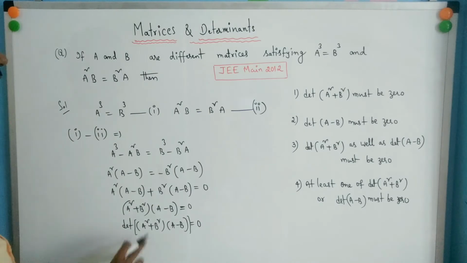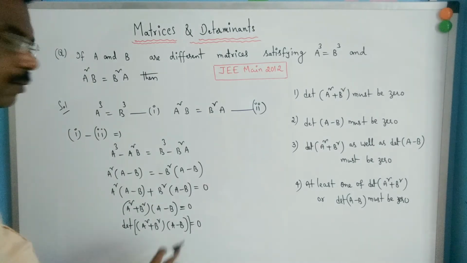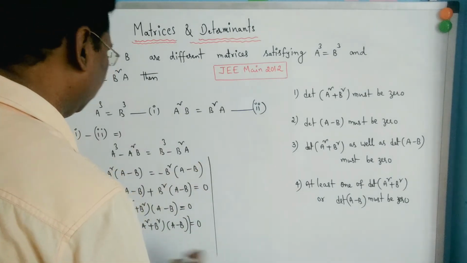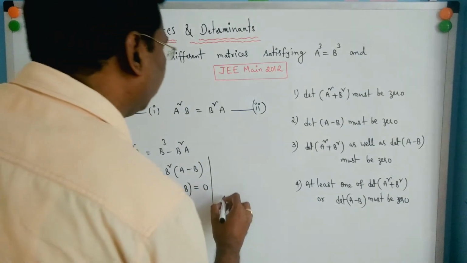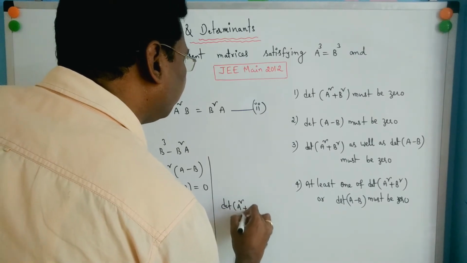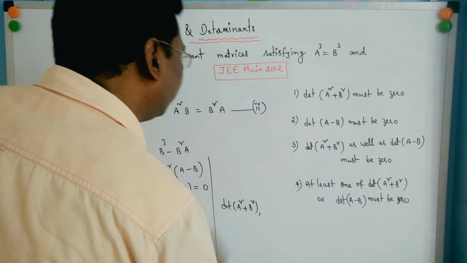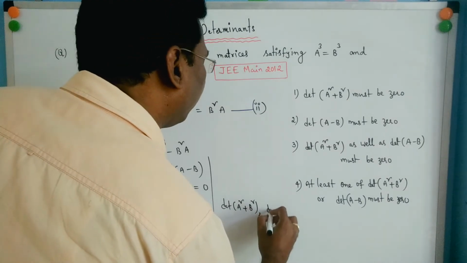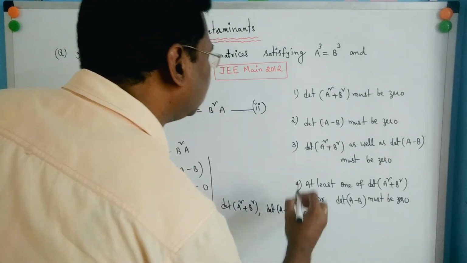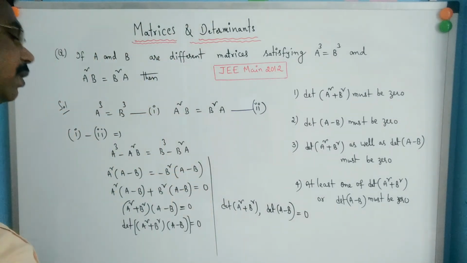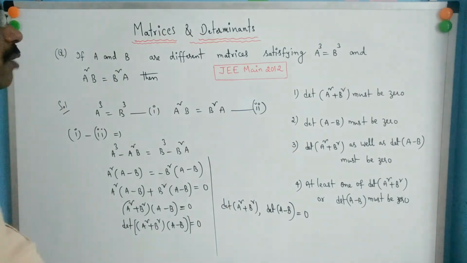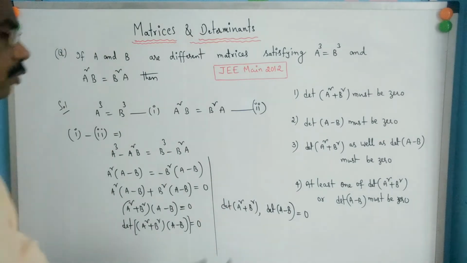Det of A square plus B square into det of A minus B is equal to 0.